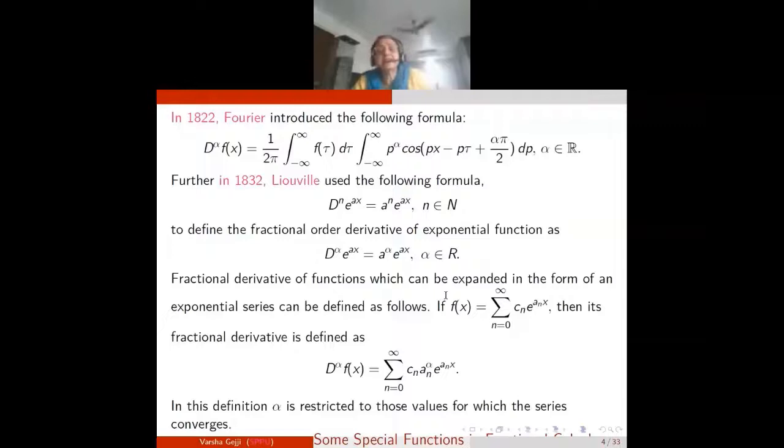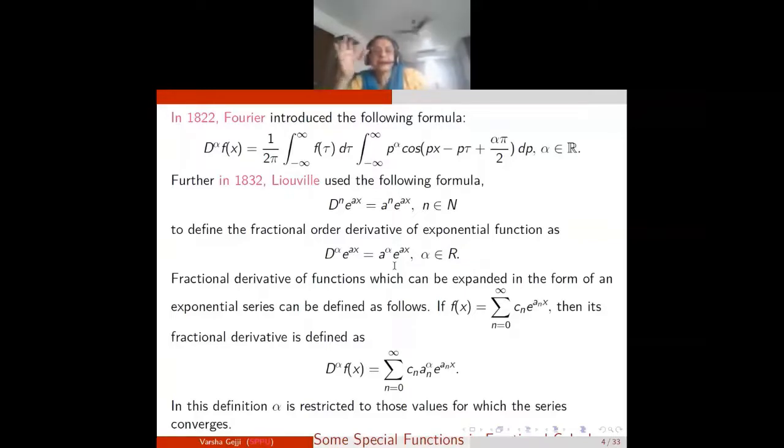And for the nth order derivative of a function, when I take e to the power ax, it will be a to the power n times e to the power ax. When I take alpha, you expect a to the power alpha. And also there are some inconsistencies. So when Liouville introduced this formula, soon after that it was pointed out that there is an inconsistency, which was then resolved.